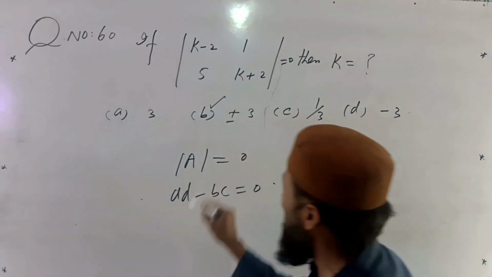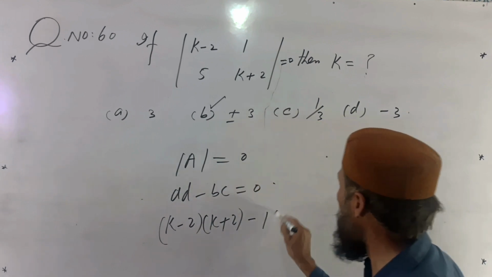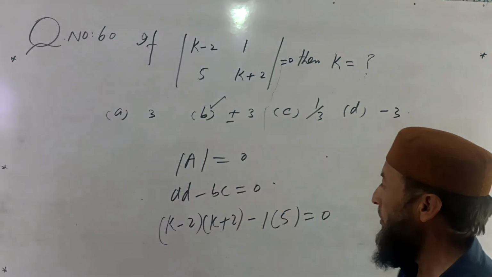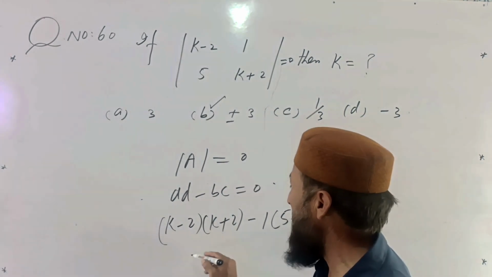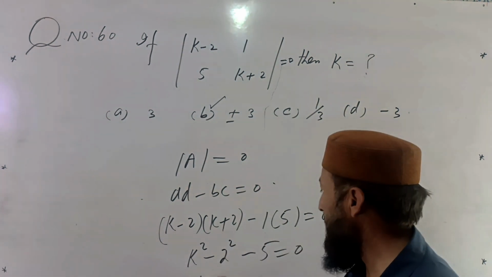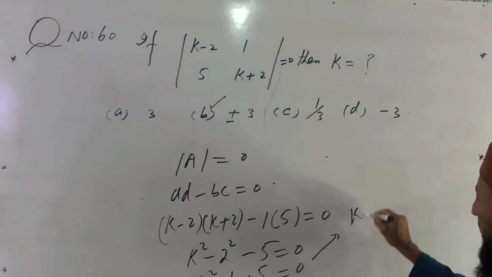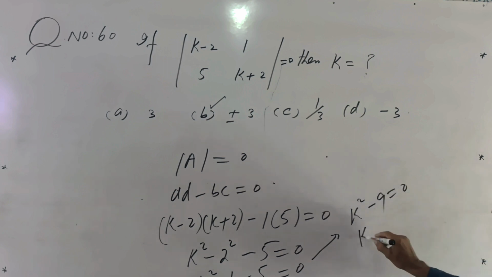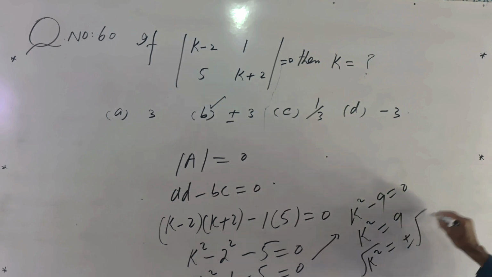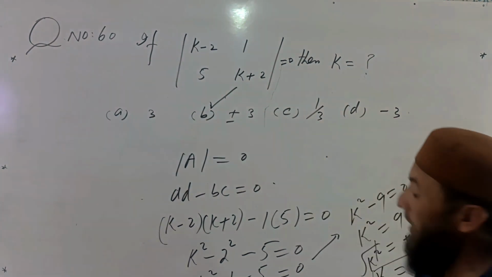Here, k minus 2 into k plus 2, minus 1 into 5, is equal to 0. The a plus b, a minus b formula is used: k square minus 2 square minus 5 is equal to 0. K square is equal to 9. Taking the square root on both sides, k is equal to plus minus 3. So B is the correct answer.